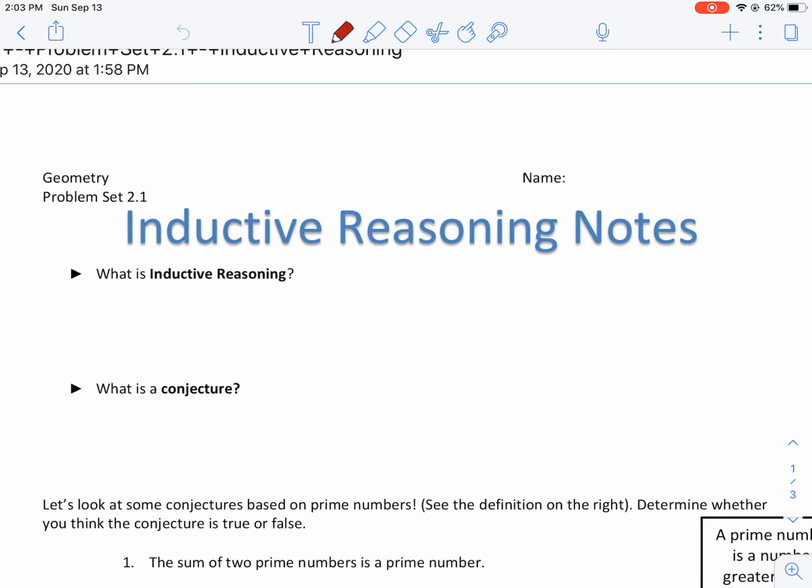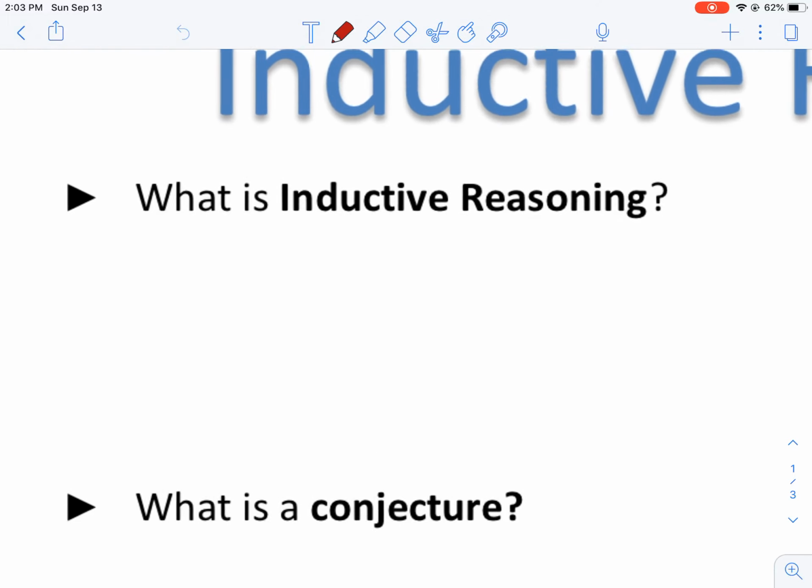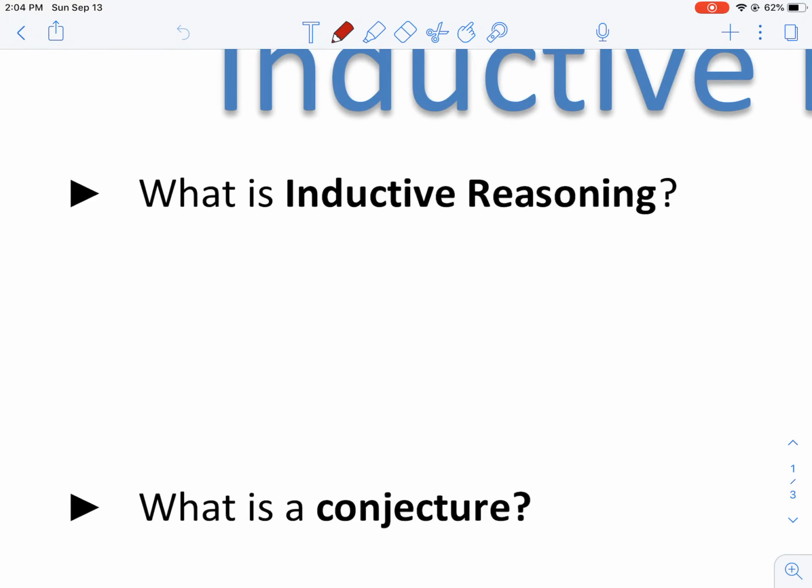So we're going to start with inductive reasoning, all right, like I said. And what is inductive reasoning? Okay, so inductive reasoning, I'm going to write down this definition so that you guys can write it down.